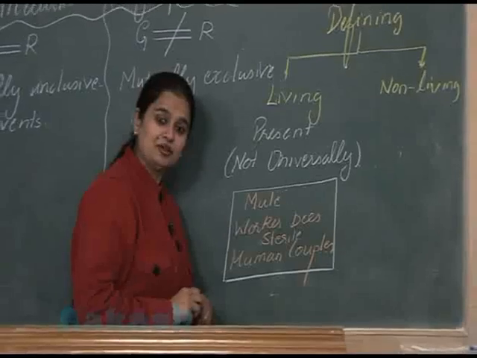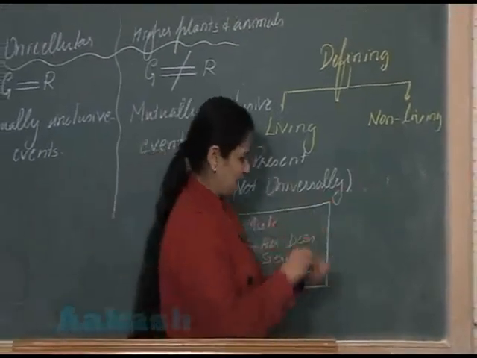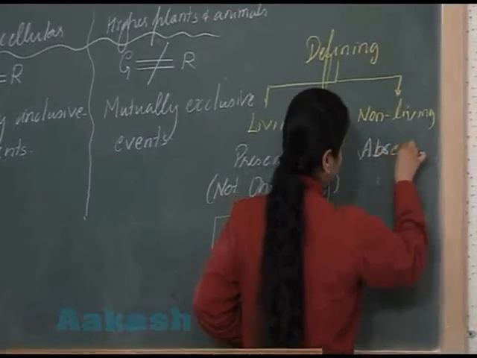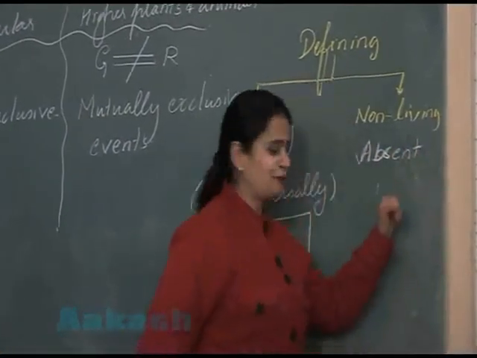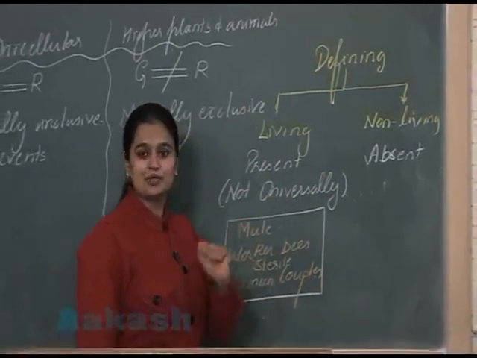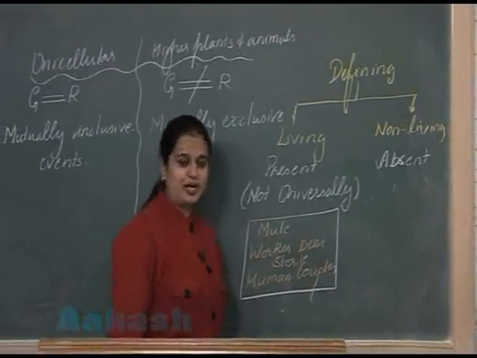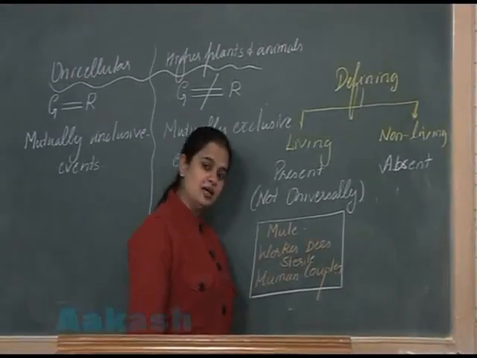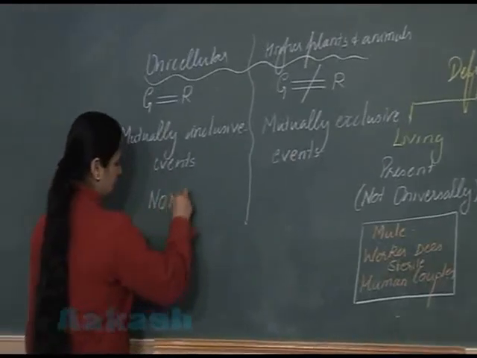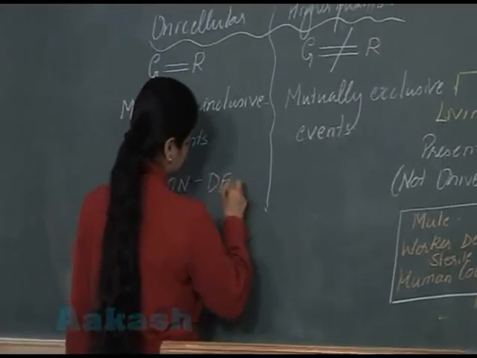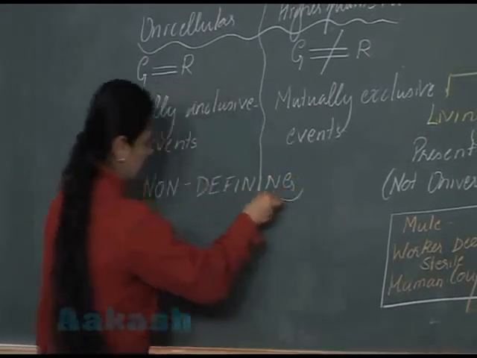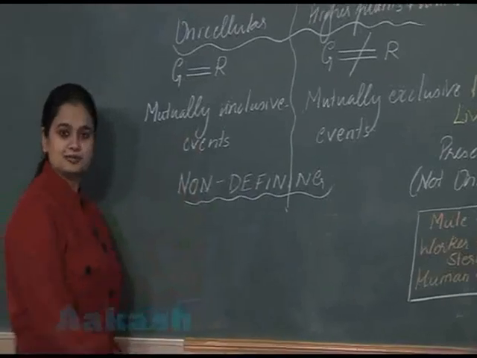What about the non-living objects? In the non-living objects, reproduction is totally absent. So it fulfills this criteria, but this criteria is not universally present. That's why now you are going to call it a non-defining feature.